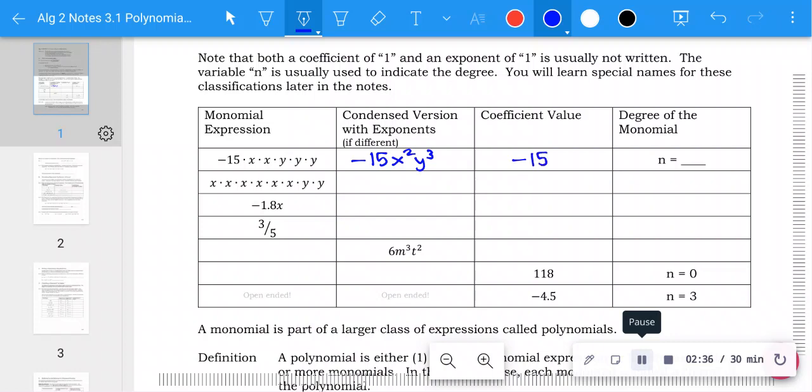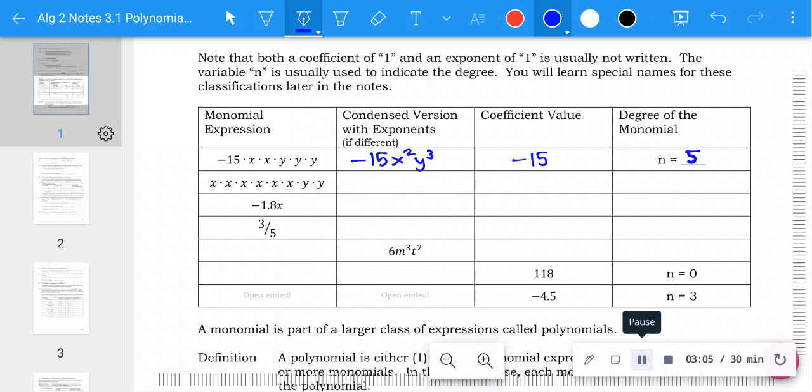And the degree of this monomial is the length of the variable string that's multiplied. So there's 1, 2, 3, 4, 5. The degree of this one is fifth degree. Now you could figure that out here by adding those exponents, since there's two x's and three y's. But we usually use the letter n to indicate the degree. So this one has a degree of 5, n equals 5.